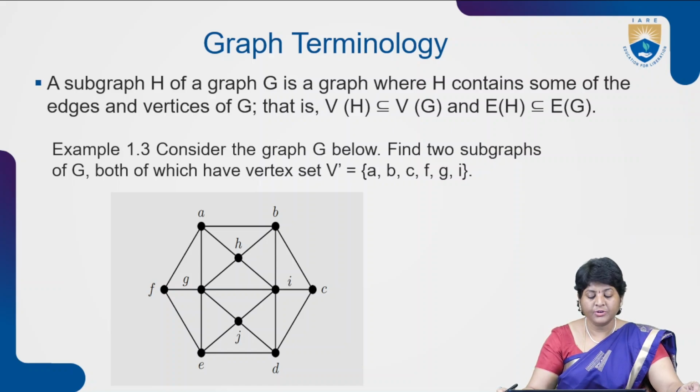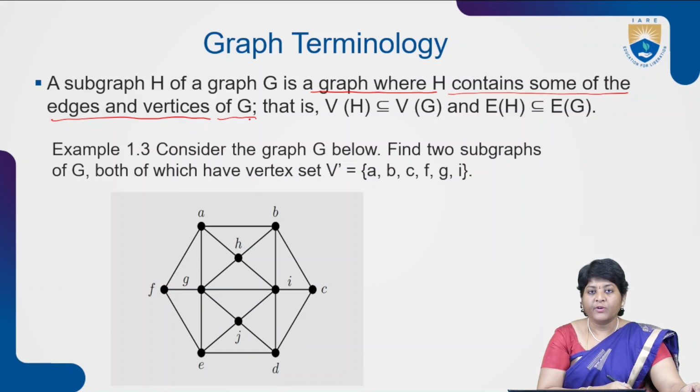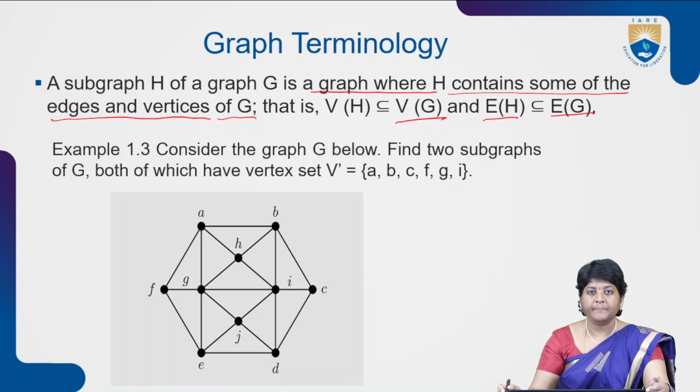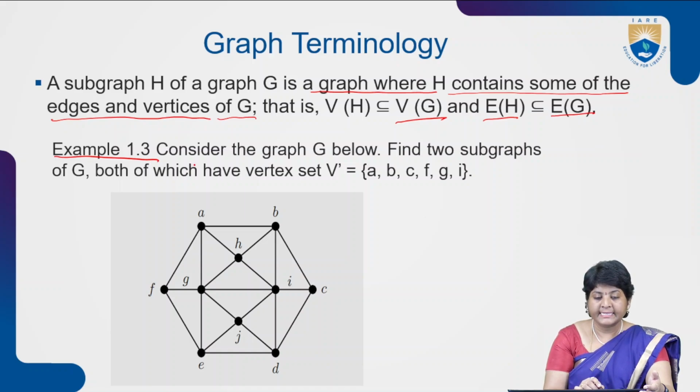A subgraph H of a graph G is a graph where H contains some of the edges and vertices of G. That is, the vertices of the subgraph belong to a subset of the original graph, and the edges of the subgraph are a subset of edges of the main graph. So this is the simple definition of a subgraph, and here is an example.